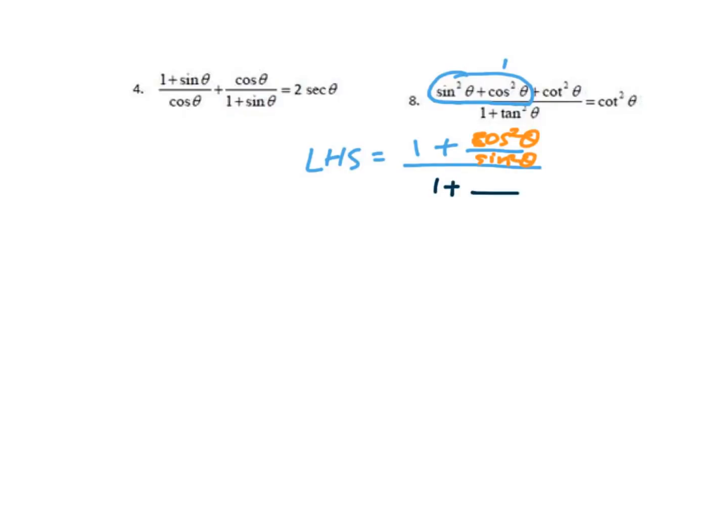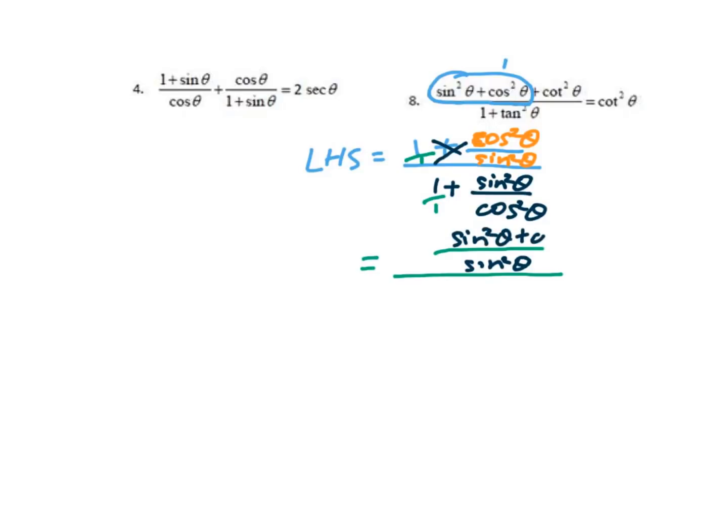Denominator is 1 plus sine square theta over cosine square theta. So we do the operation of addition of fractions to the top and bottom. We got denominator multiply, that's sine square theta. Then cross multiply, we got sine square theta plus cosine square theta.